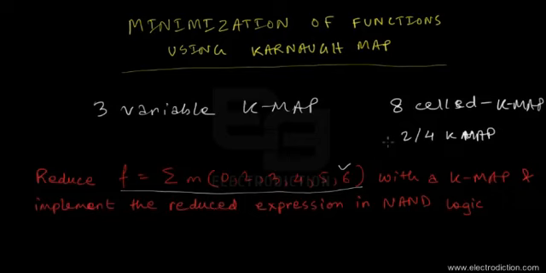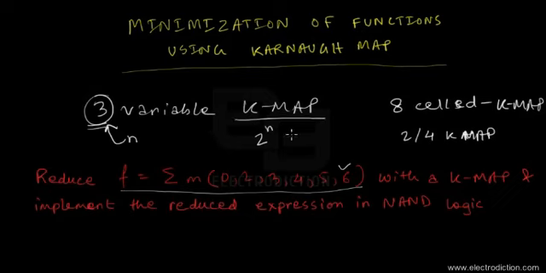So now if we're dealing with an 8-celled K-map, then it's quite obvious that the number of variables is 3, because as I said, the maximum capacity of a K-map is given by 2 to the power n, where n is obviously the number of variables present in the Boolean function that needs to be reduced using the K-map.